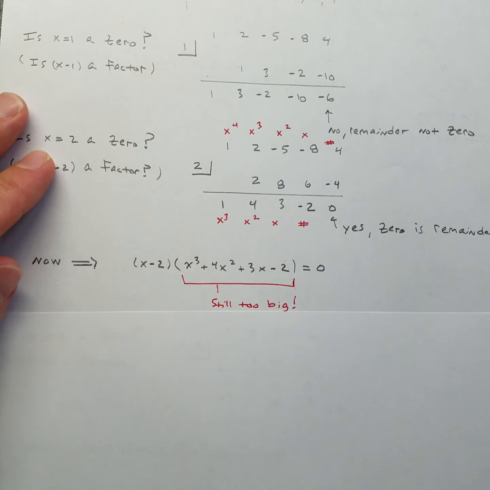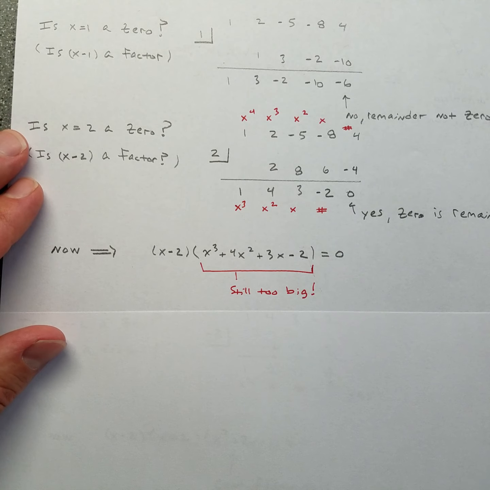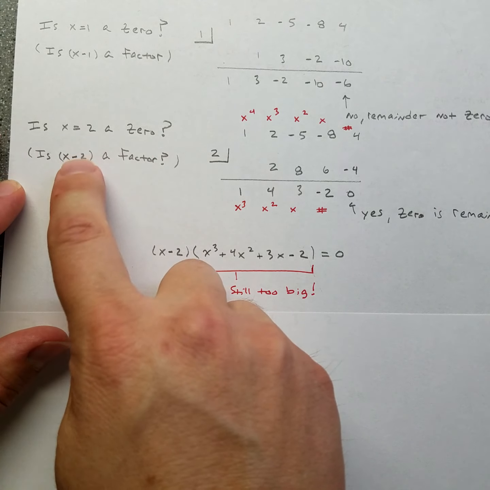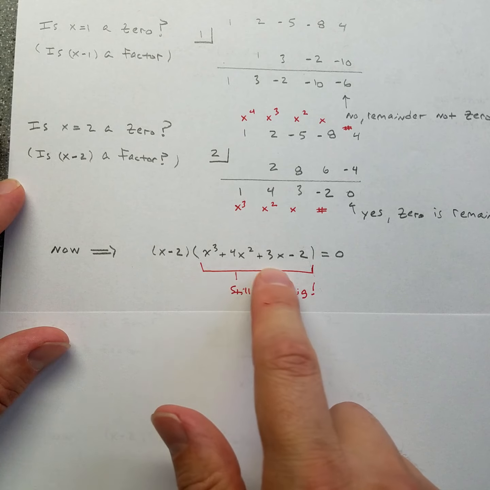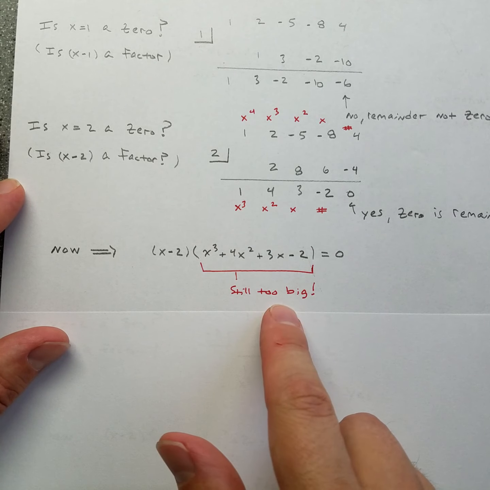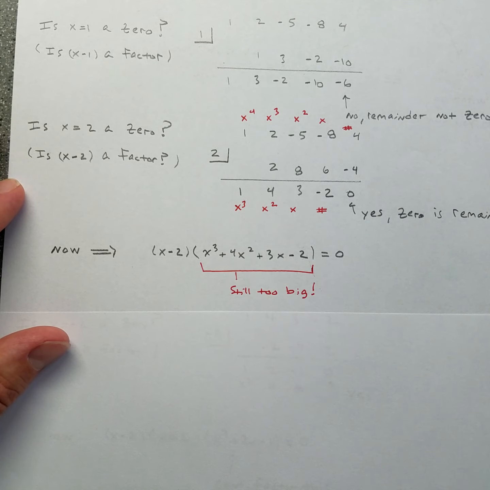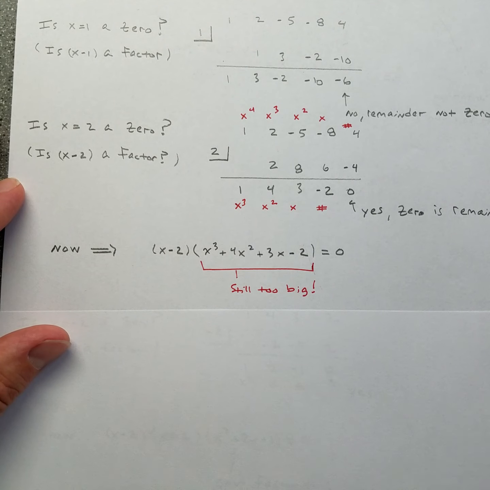So then I'd get down to this point. Okay? All right, I was able to find an answer and factor it. The problem is, you see that right there? That's still too big. I mean, if I'm going to get you the answers, I got to break it down into the smallest parts.